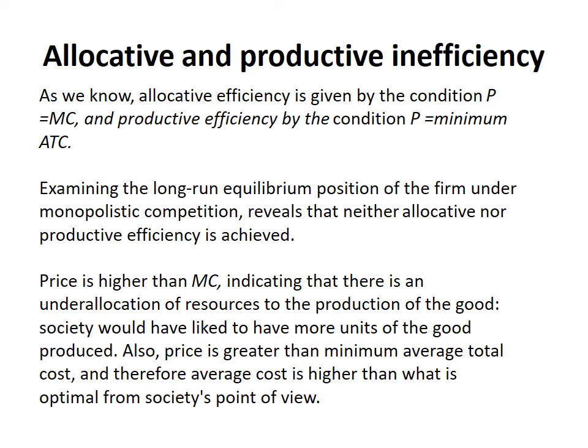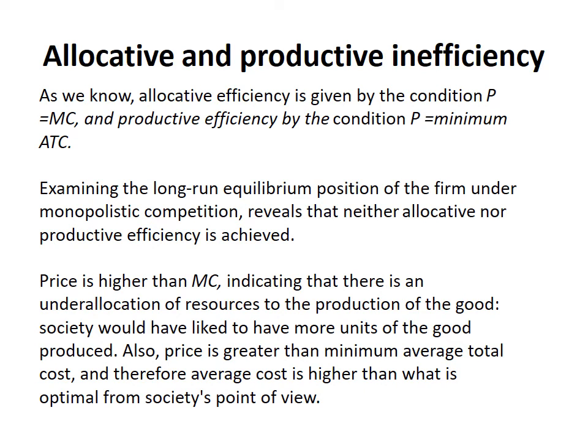So if you go to that long run equilibrium where you have normal profit only, you're going to see that at the quantity where MC equals MR in the long run, P does not equal MC. It's going to be greater than. And you're also going to see that P does not equal the minimum of average total cost. It's going to be greater than.